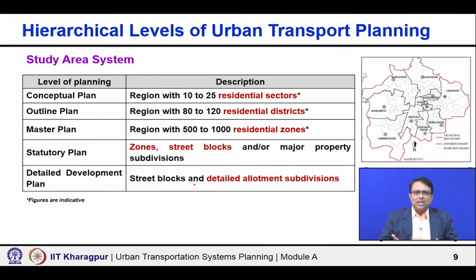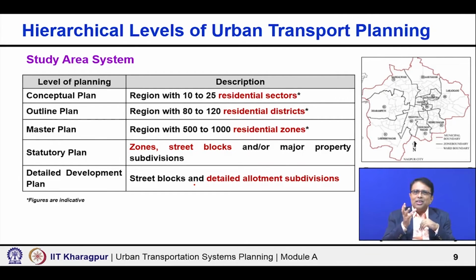So, just to give you an example, maybe indicative only, a region may have about say 10 to 25 residential sectors. So, you can imagine the sectors are much bigger. When we are talking about residential districts, then in the same region we are considering maybe 80 to 120 residential districts.